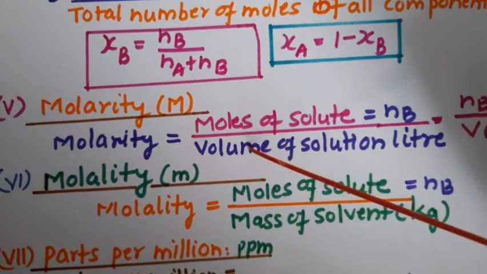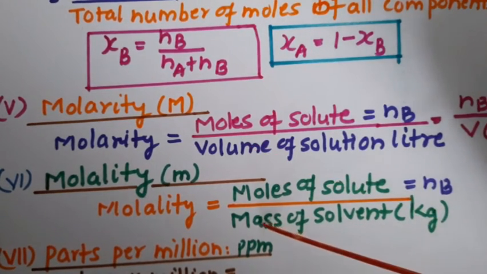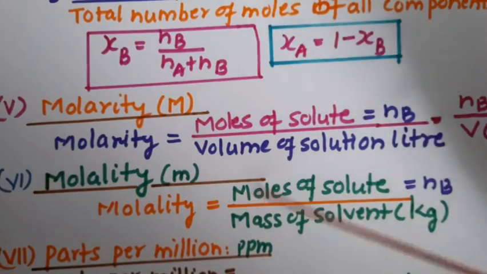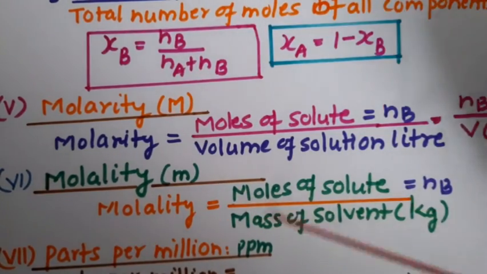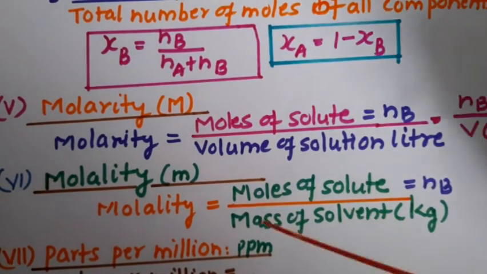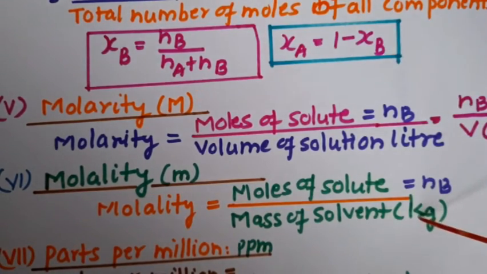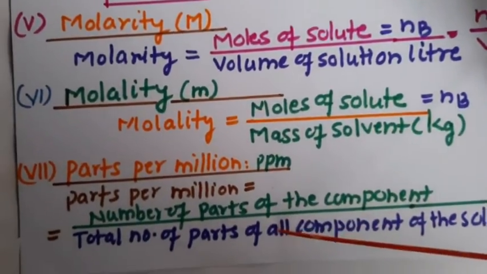And second, here it is volume and here it is mass, and mass should be taken in kg. Then molality can be defined as the number of moles of solute present in the mass of solvent taken in kg.